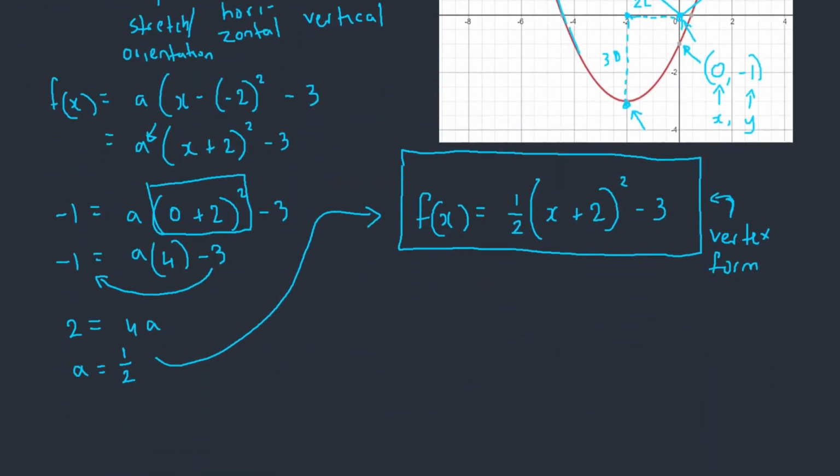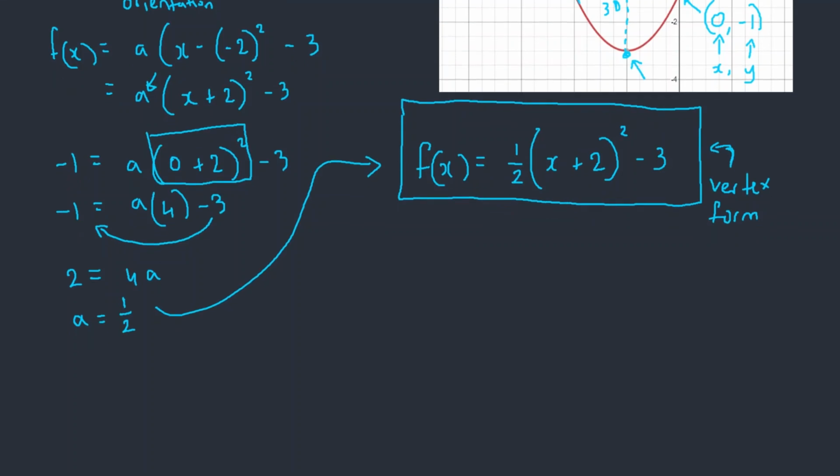So recall that the general form looks something like this: f(x) is equal to ax² + bx + c. And so I just need to make this equation look something like this. And it's actually not that hard.